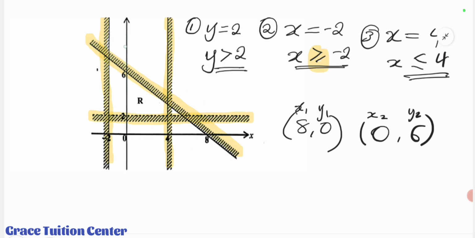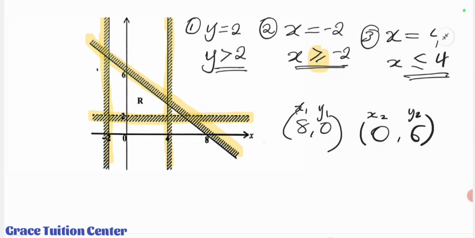That's why when picking the second point, I've said x is 0, since this is the y-axis, then y is 6. I hope you get it. And every time you write a coordinate, always start with the x value, then the y value. X, y.